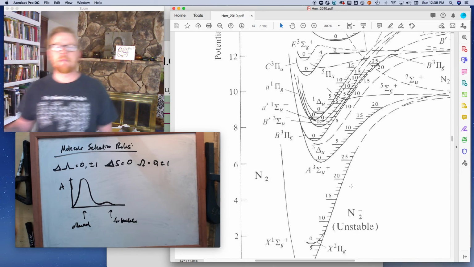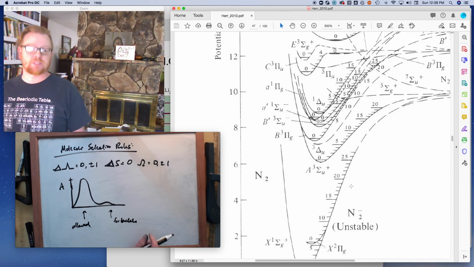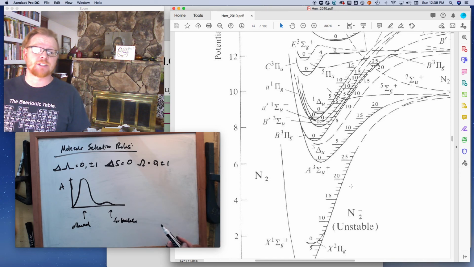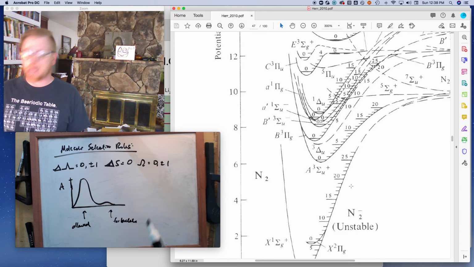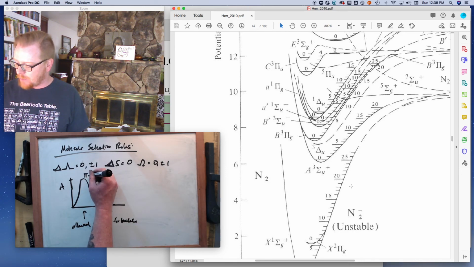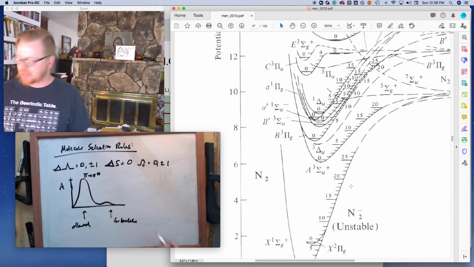And so we might observe the forbidden transition just very slightly, but the allowed transition very strongly. An example of this would be a pi to pi star transition.